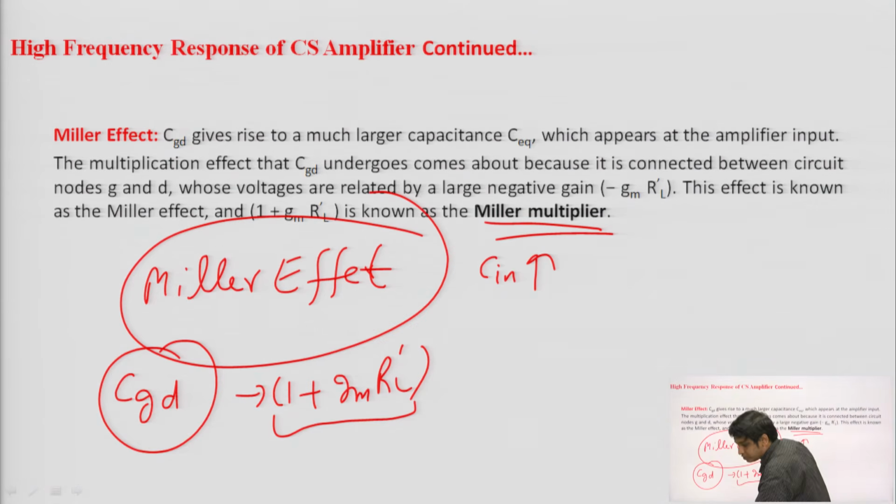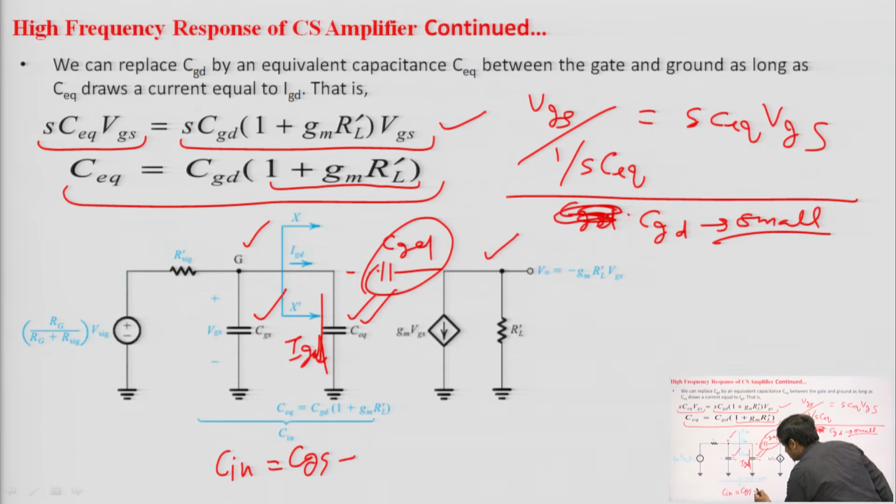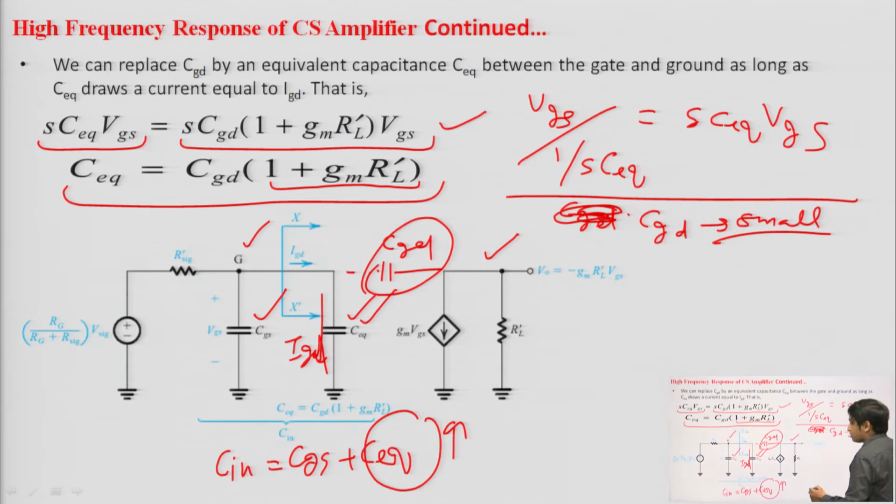You can see from the model, the input capacitance seen will be equal to CGS plus C equivalent. Now, your C equivalent is very high because of the multiplication by the factor 1 plus GMRL dash.